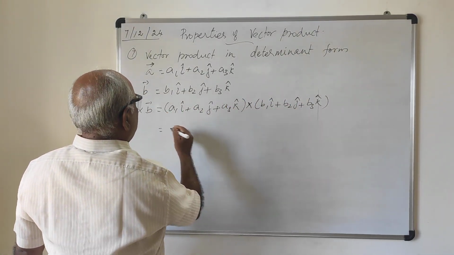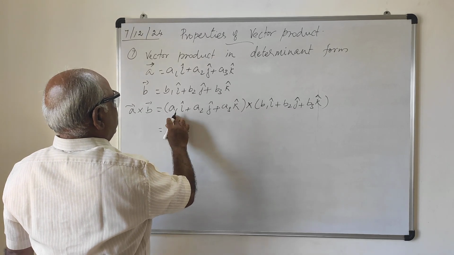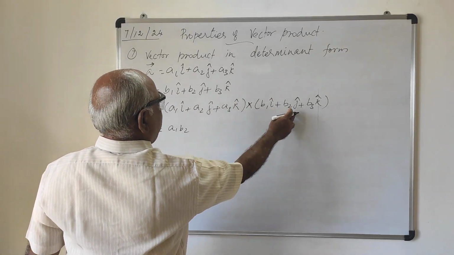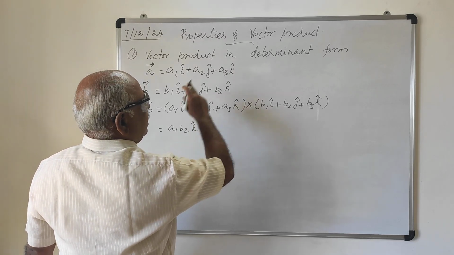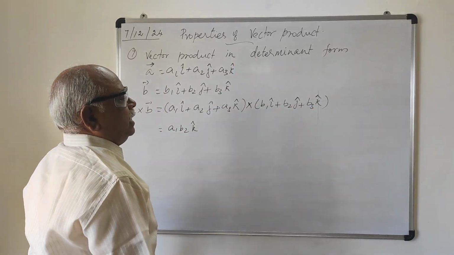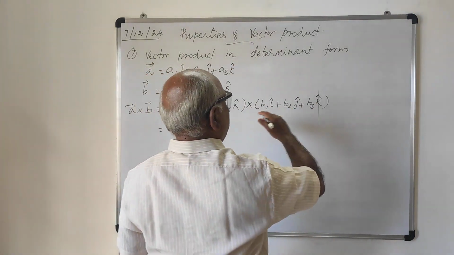So A1 B2, i cross j is k. Similarly, k cross i is j, i cross k is minus j.